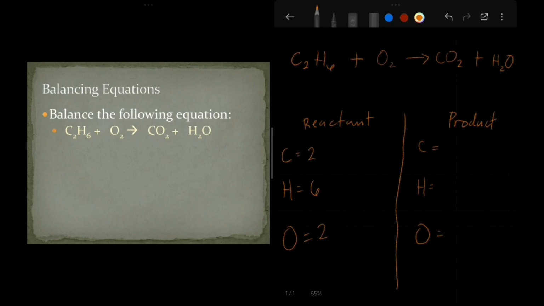On the other side, the carbon has a 1, oxygen has, again, this is 3, and then hydrogen is 2. Now, I'll give you a minute. So this is kind of a tricky one. I'll give you a minute for you to answer this, and later on I'll give the correct answer.